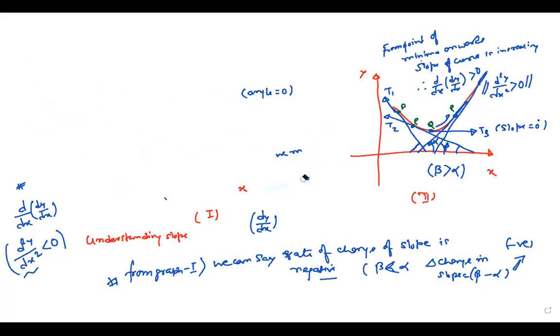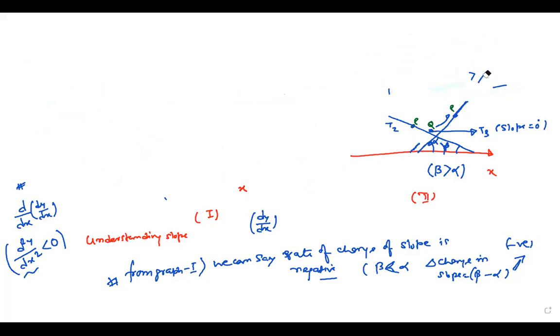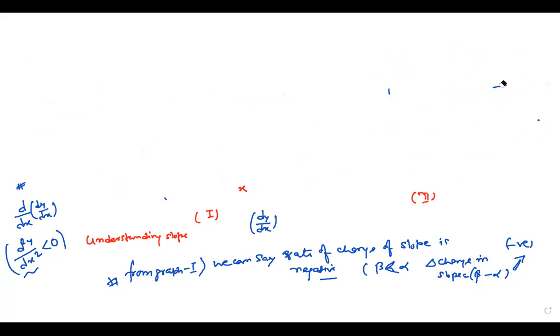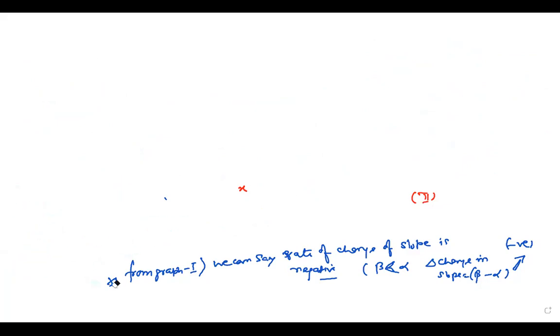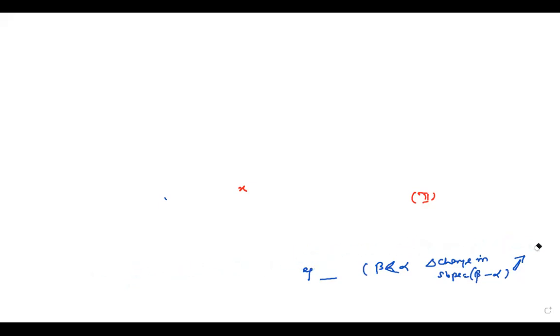I'm rewriting the entire phrase one more time. Understanding slope is very important, as for any kind of graph, such as acceleration versus time, velocity versus time, or displacement versus time, every graph has something to give you in terms of a physical quantity. If you're not understanding slope, you will have issues while solving those problems. So I request you to understand.